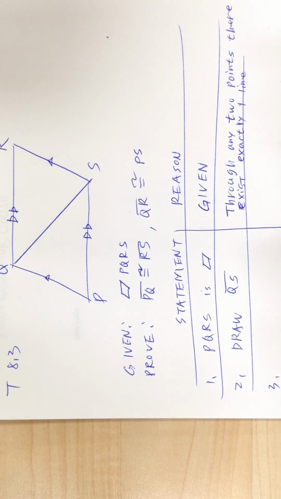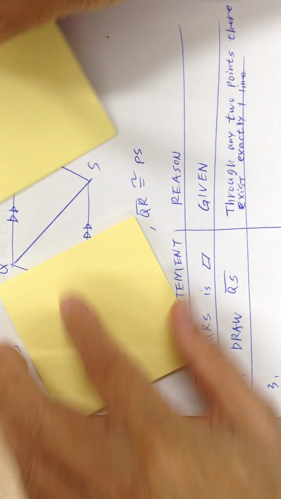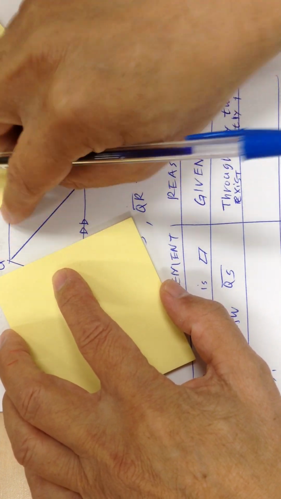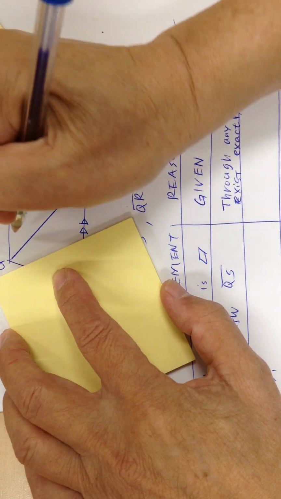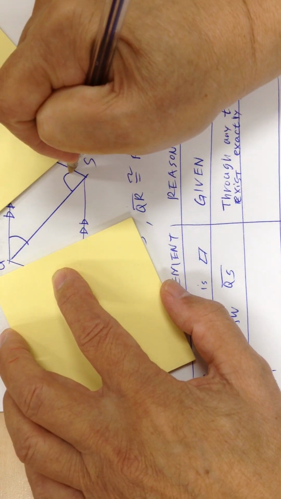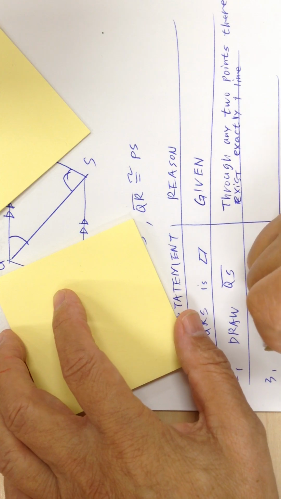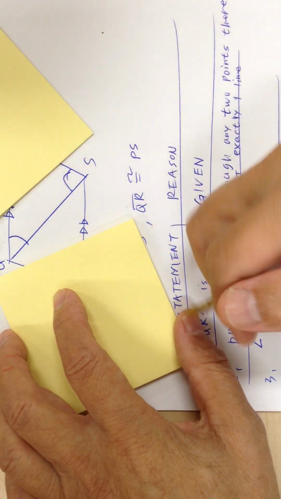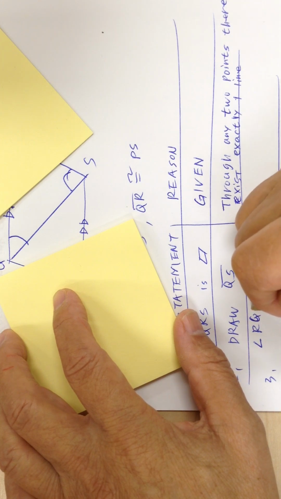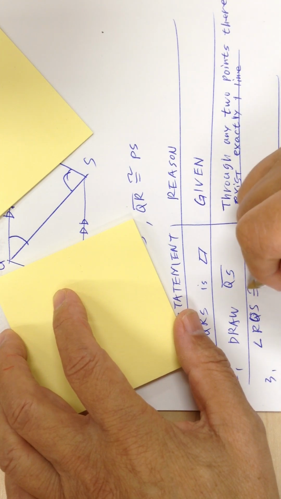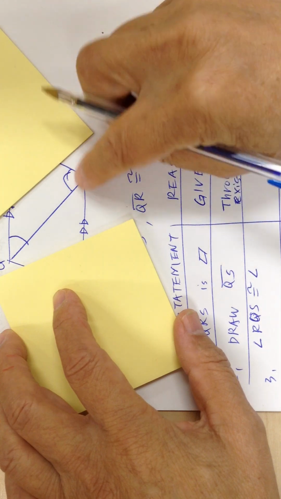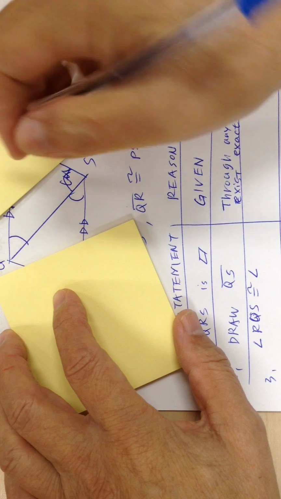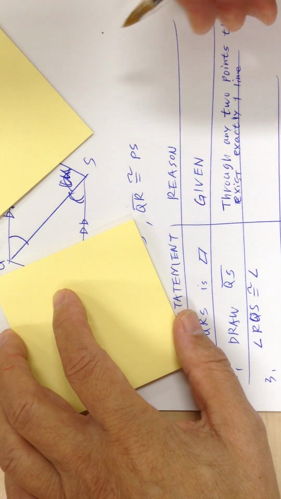First, I'm going to use these two pairs. Since these are parallel and this is a transversal, this angle will be congruent. So I'm going to say that angle RQS is congruent to angle QSP.